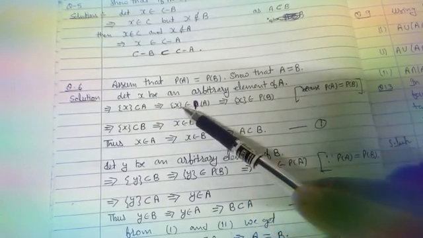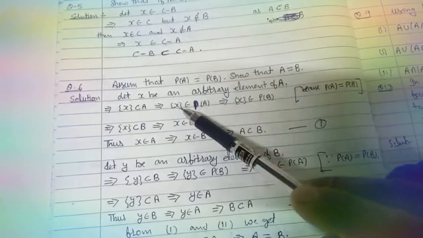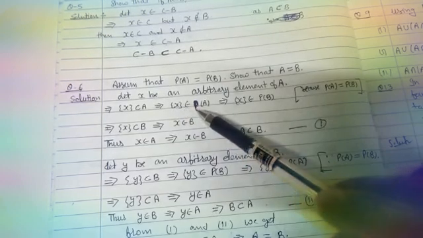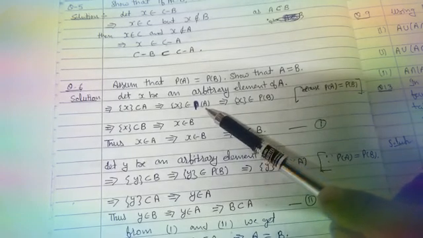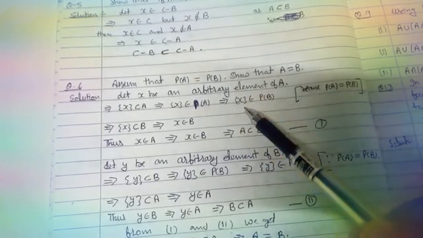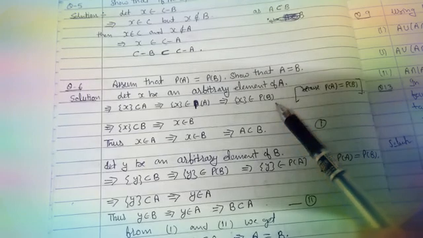And then that means the set X also belongs to the power set of A. So it means X belongs to the power set of B. Why is it?